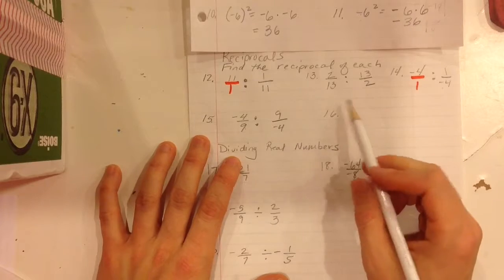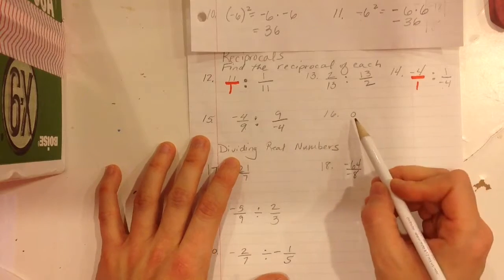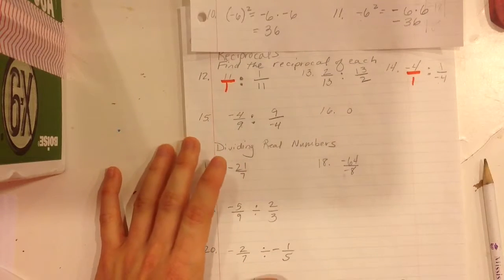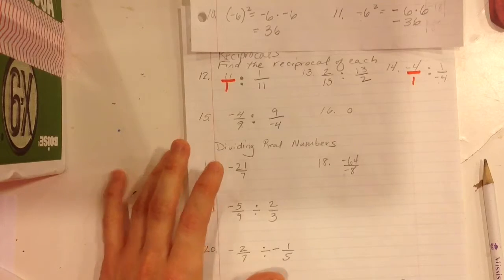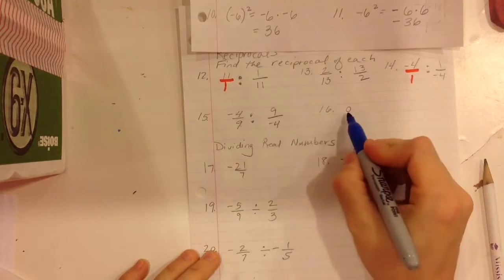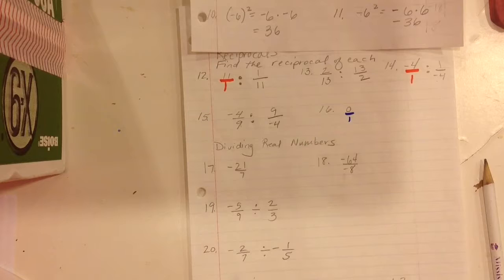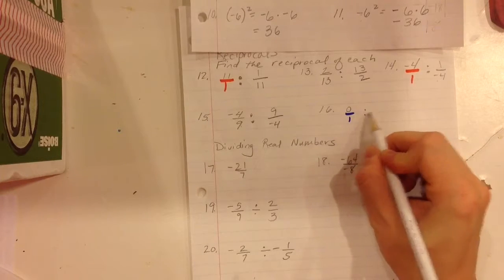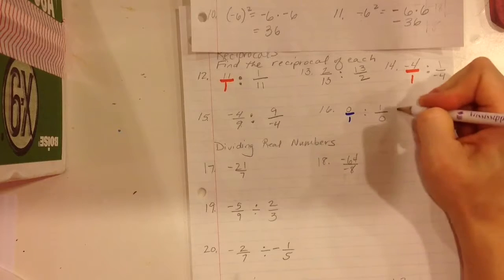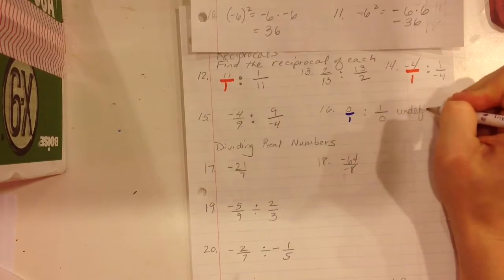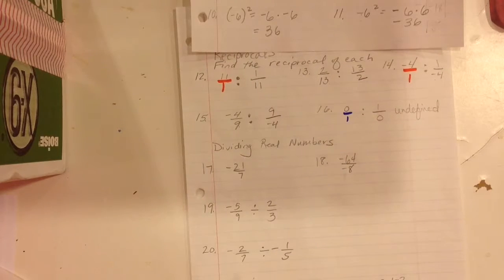And then this one is tricky. You can think of this as a whole number, like having it over 1. So I'm going to just write over 1. And that's the easiest way to think about it. So if I have this over 1, the reciprocal would be 1 over 0. And this is undefined. So anytime you have 0, the reciprocal of 0 is undefined.